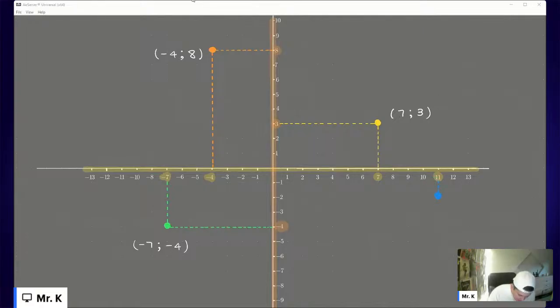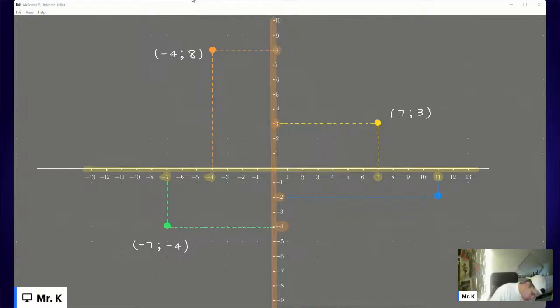Next, we need to find the y value. How do we do that? We need to line up our dot with the y-axis, which I'm busy doing now. When we do this, we can see that our dot lines up with the value -2 on the y-axis.